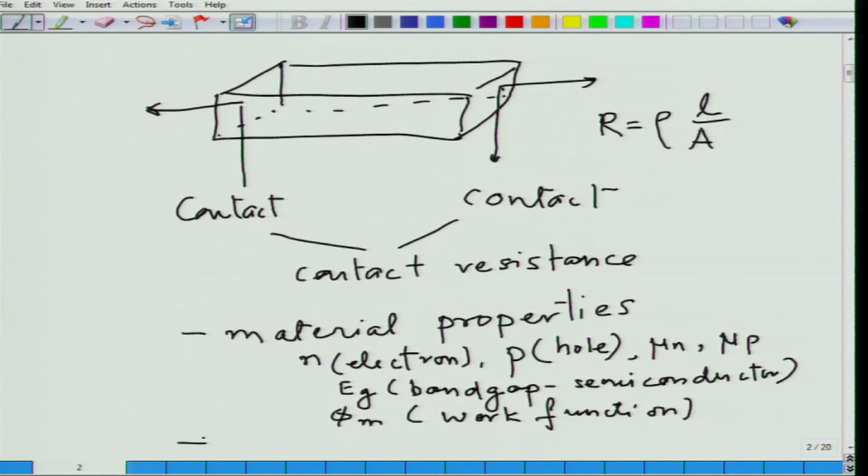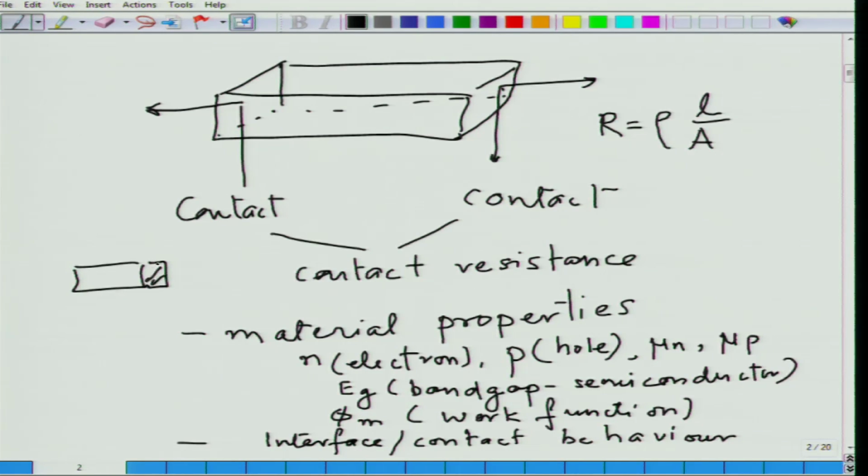But in addition to that, you also need to know the interface or contact behavior. Once we put all these things together, we exactly know, once we make a device which has a material in between and a contact on the two sides, how it will behave once we apply a bias to it.